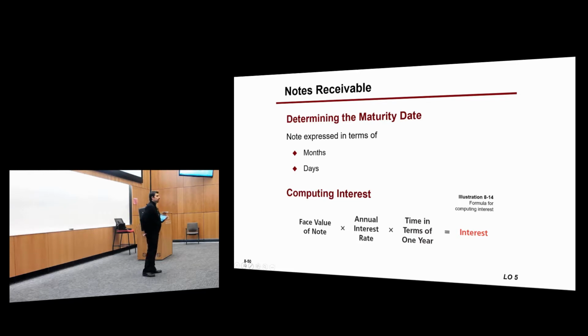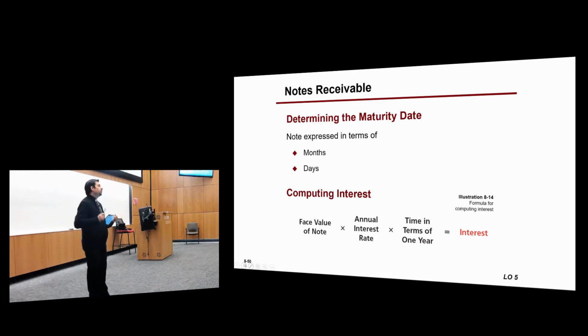Sometimes it could be, I promise to pay you back in 3 months. In certain cases, it will be after 15 days or in 60 days. So it depends. There are different ways. There are actually some notes that are on demand. This is as soon as I present you with a note, you must pay me immediately. Okay? So there are different ways.